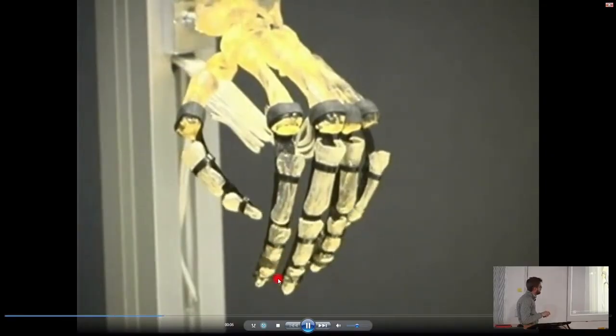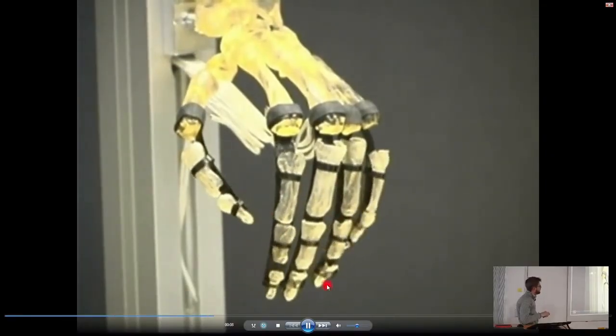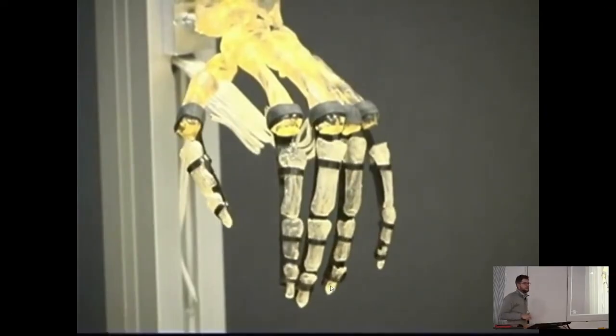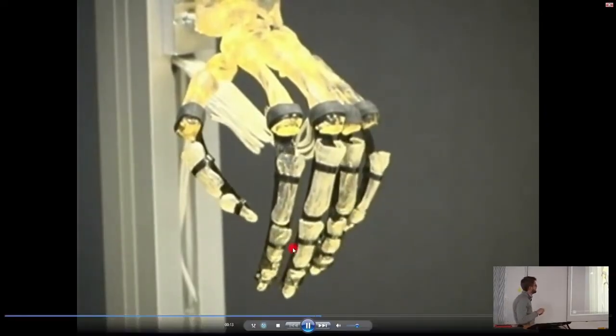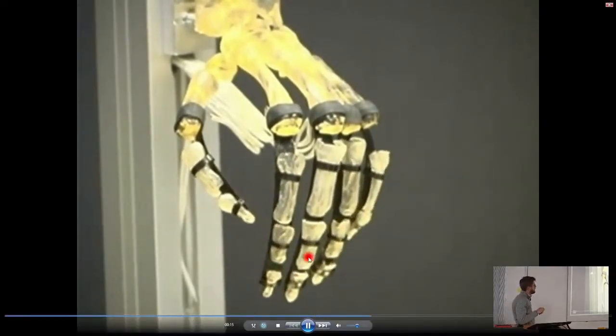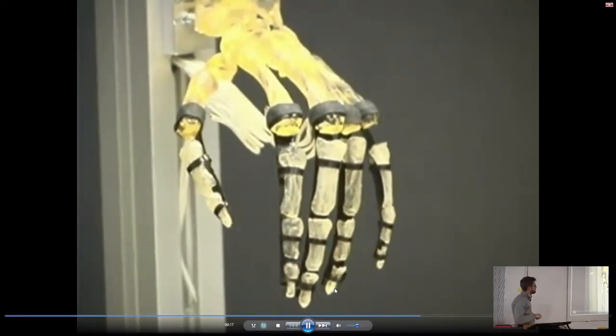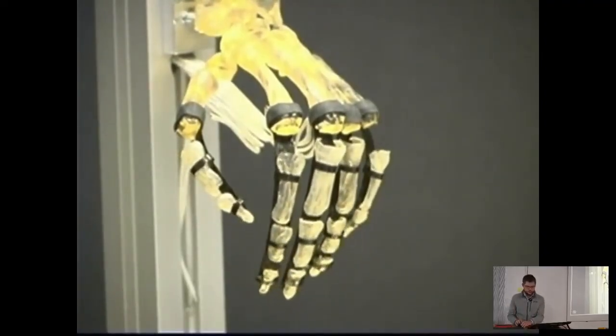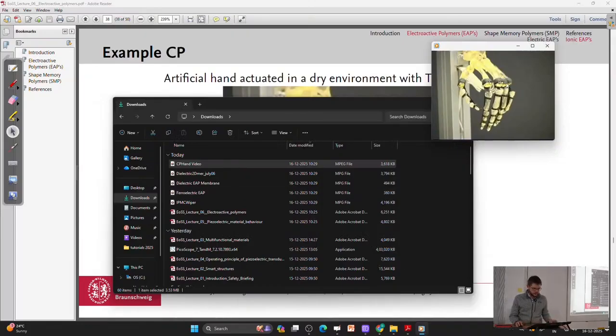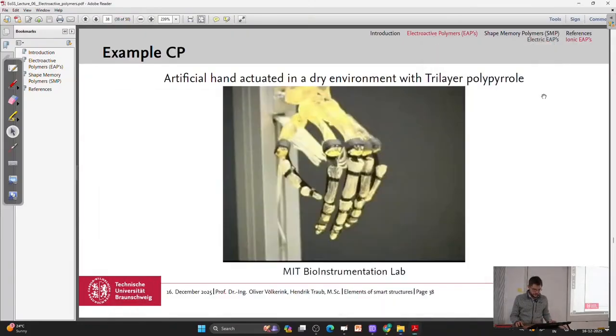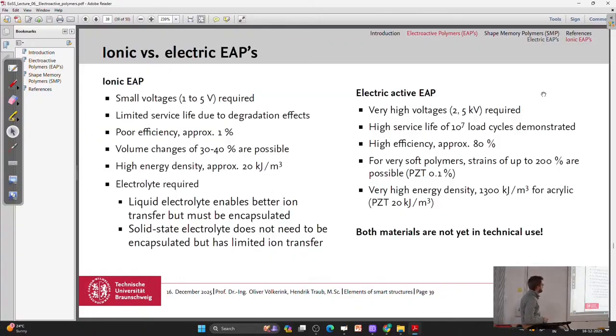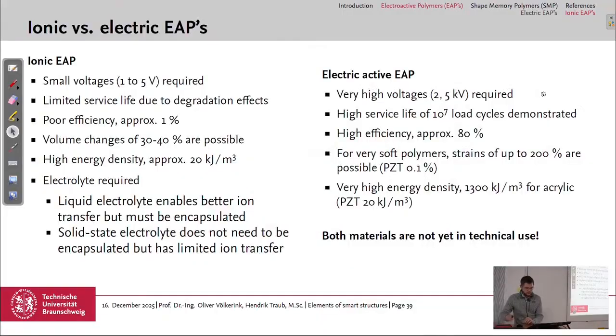They are transparent, and if we actuate them, we can build hands which have similar to natural movements, just to give you an impression how they are used in research. So going back to full screen again.